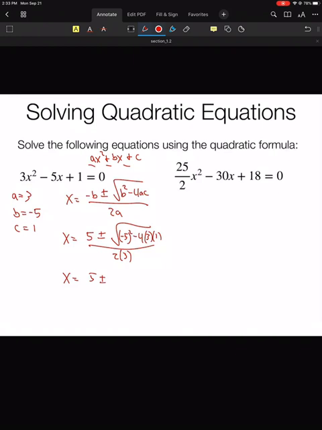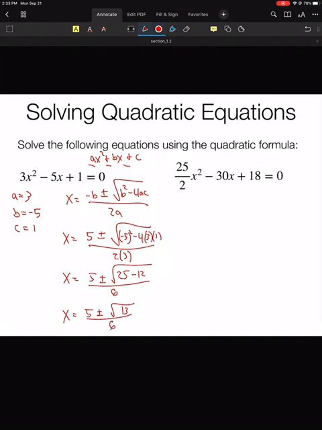Okay, so let's simplify now. 5 plus or minus the square root of 25, negative 5 squared is 25, and then 4 times 3 is 12, 12 times 1 is 12. So we have 25 minus 12 over 2 times 3 is 6, okay? And so then x is equal to 5 plus or minus the square root of 25 minus 12 is 13, 13 over 6.